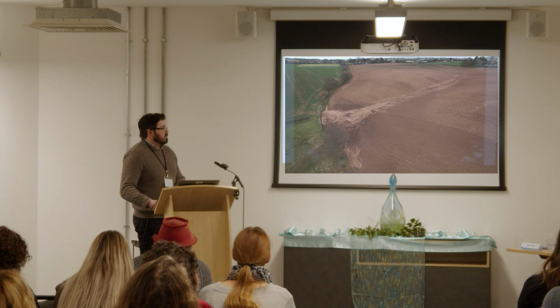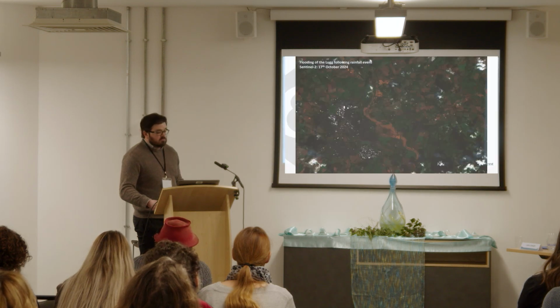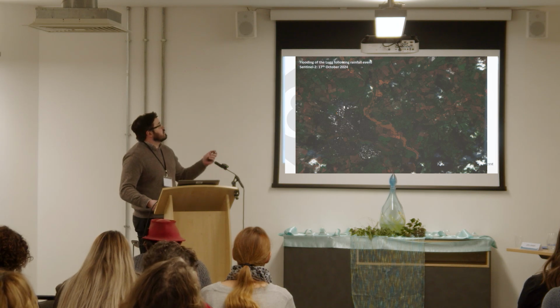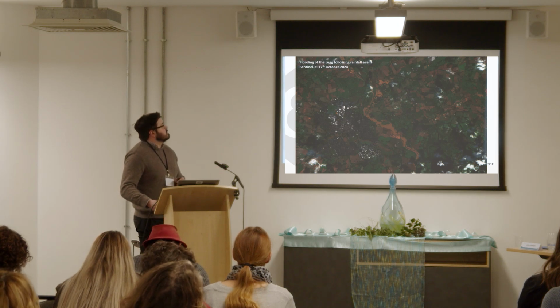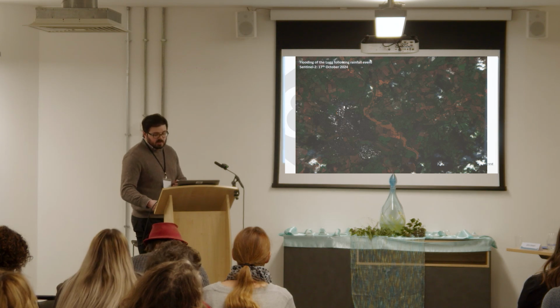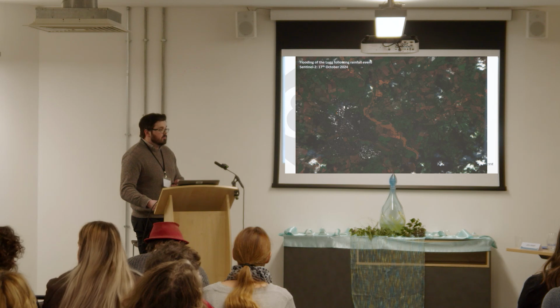We talked a little bit earlier, I think Phil mentioned about the rainfall event a few weeks back. So this is a Sentinel-2 image taken just around the Lugg, east of Herefordshire, 17th of October, so a few weeks back now. And we had that big rainfall event a few days prior.